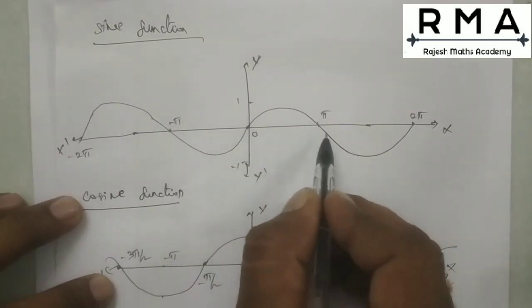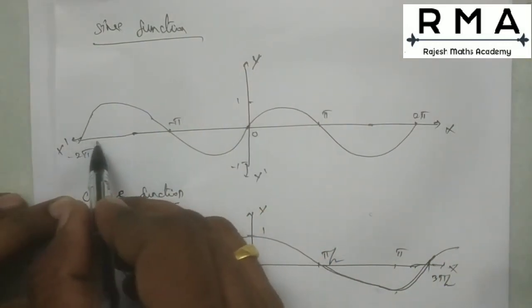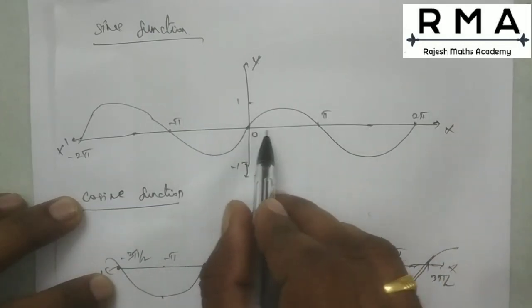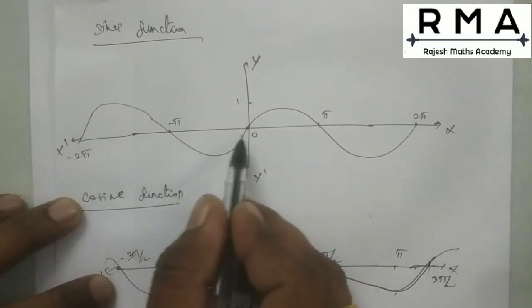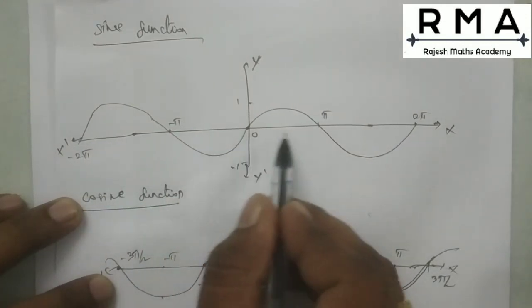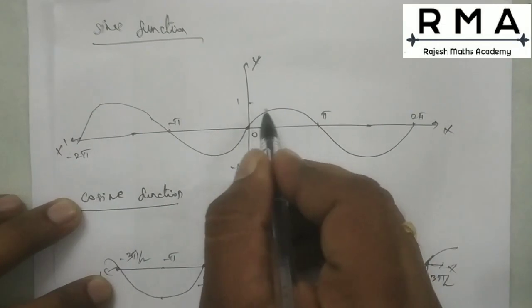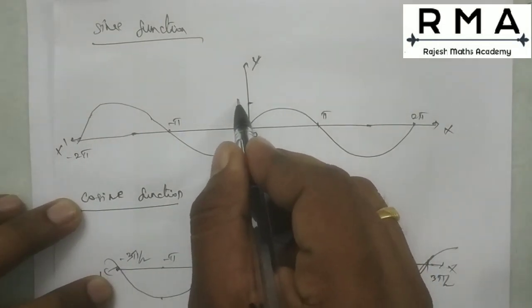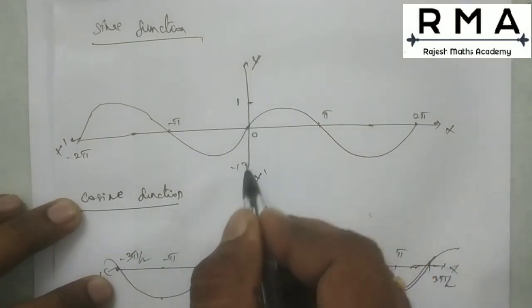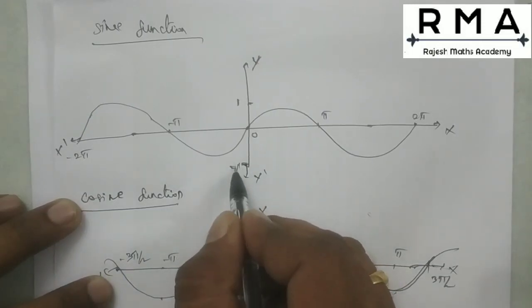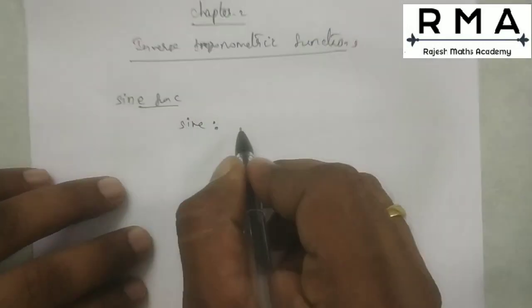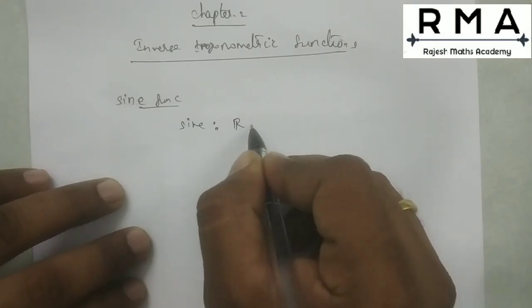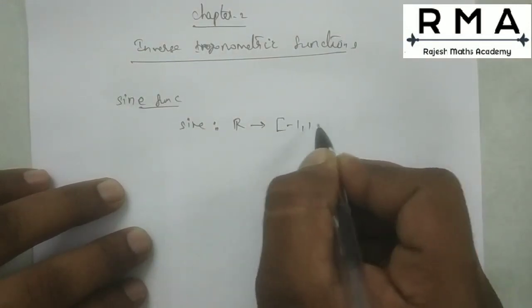Here the domain extends to all real numbers, going to infinity on the right side and to minus infinity on the left side. The function takes values only in a range: the maximum value is 1 and the minimum value is -1. So the domain of the sine function is the real numbers and the range is the closed interval -1 to 1.